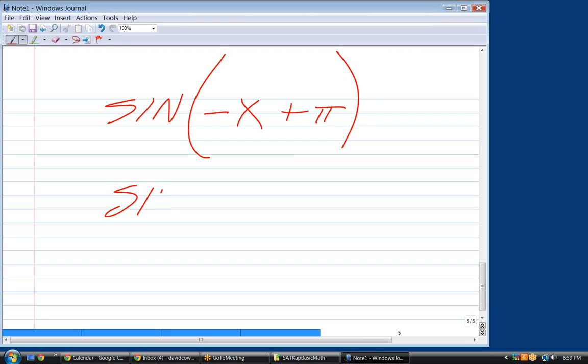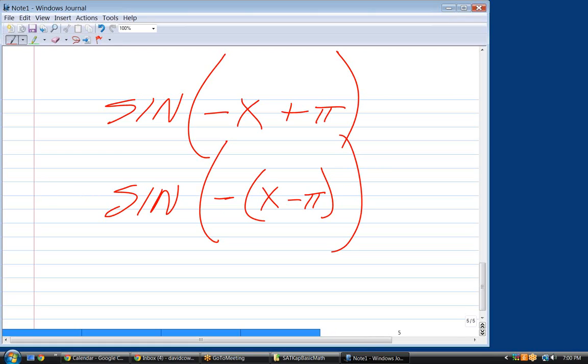You have to turn that into this. Now you can, why? Well, because the angle that you're taking the negative of is x minus pi.